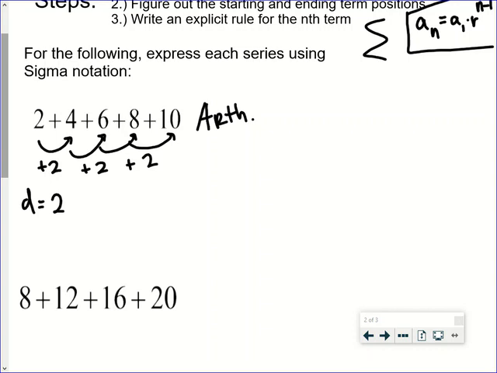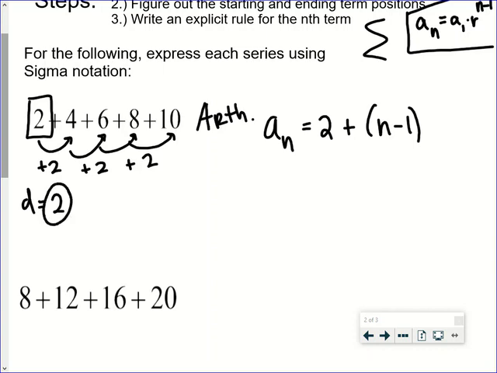So we're going to use our arithmetic series formula. It's going to be a sub n equals our a1. Our first term of our series is 2, so it's going to be 2, then plus n minus 1 always, and then times the pattern, which was also a 2. So we're going to put a times 2 on the end.